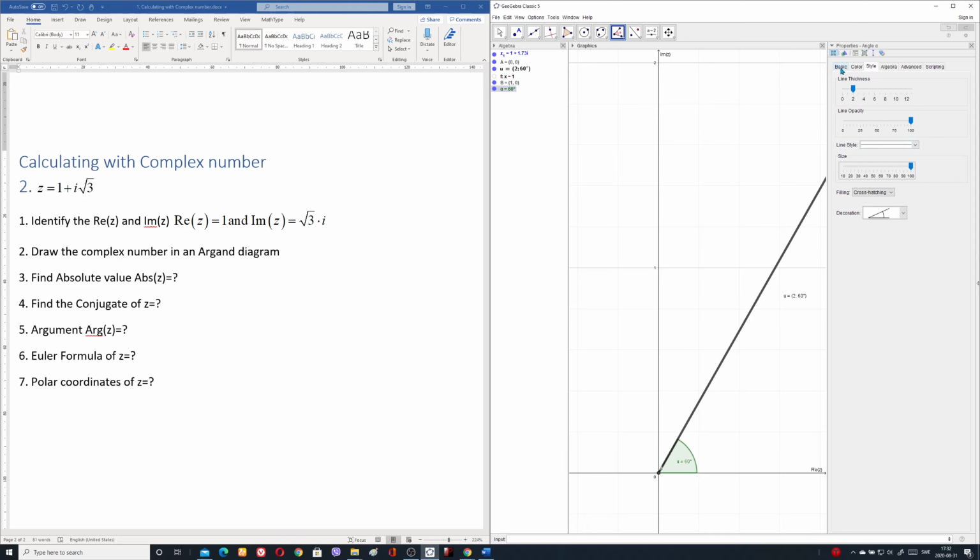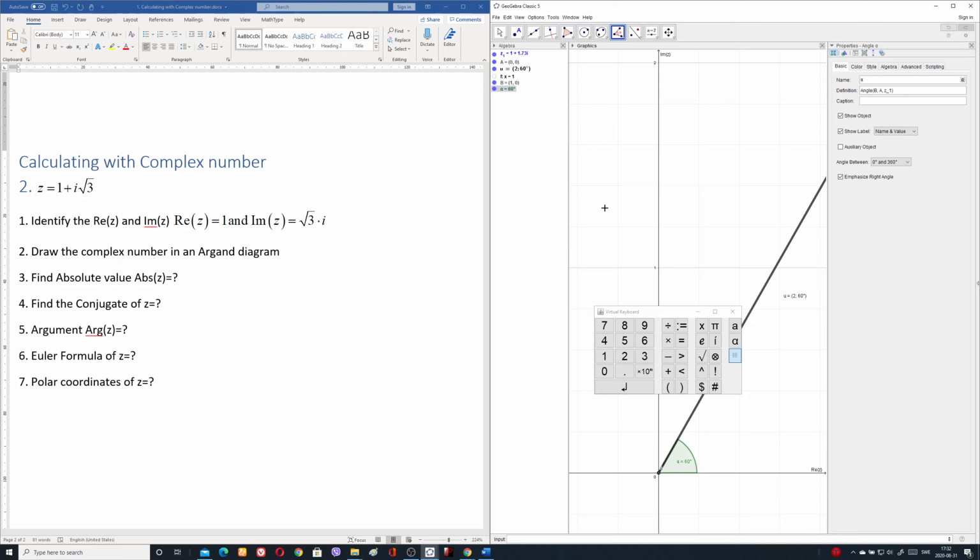Okay, so let me change this alpha now to theta, and view the keyboard. Here is the theta. Okay, and I will delete this alpha.